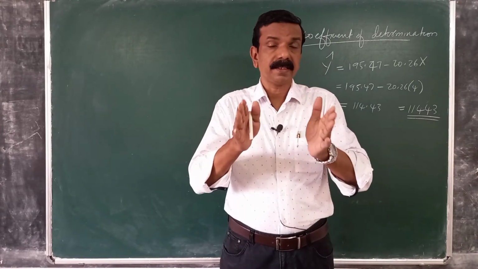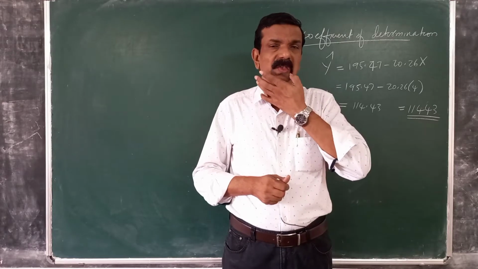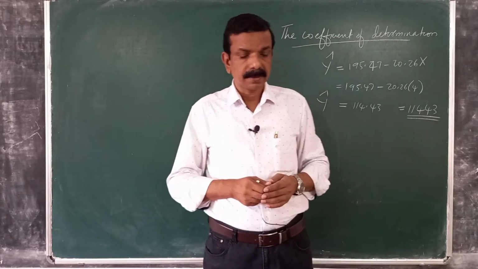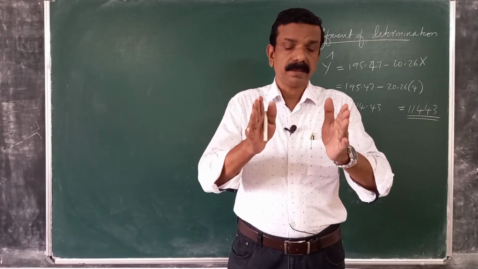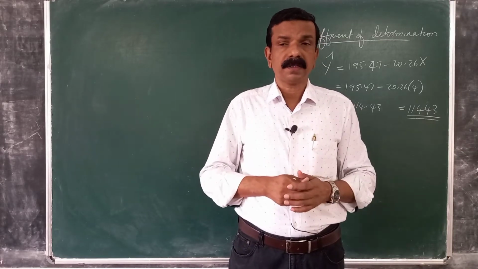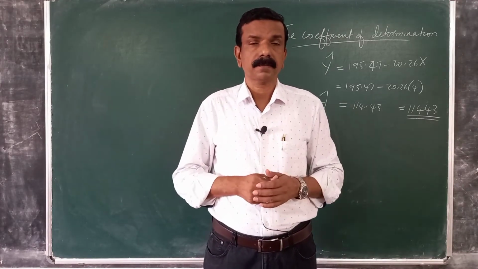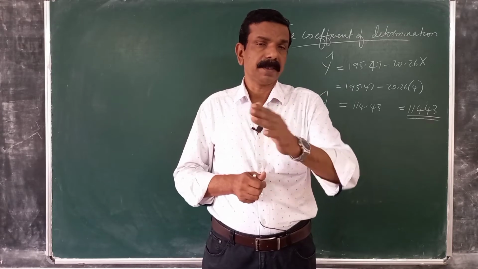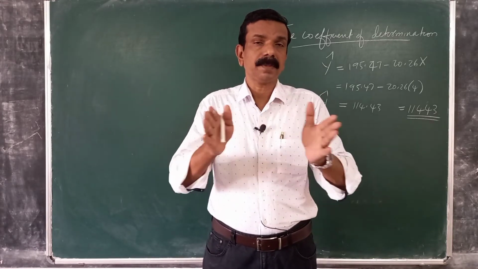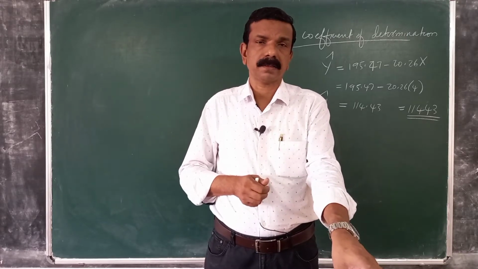The second is the amount of the variation in the observed values of the response variable explained by the regression, that is, explained by x.